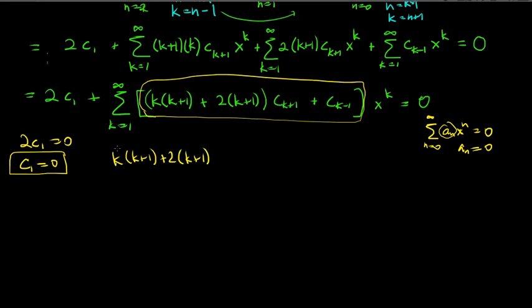ck plus 1, and then plus ck minus 1 equals 0. So this is going to give us our recurrence relation. The idea is we're going to solve for the ck plus 1 in terms of the ck minus 1. So I'm just going to subtract the ck minus 1 from both sides. And on the left, notice what I can do here.